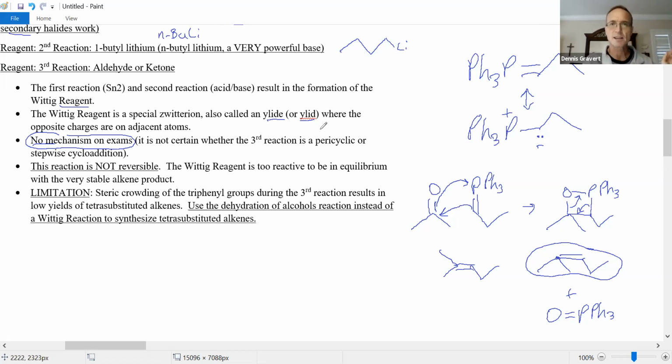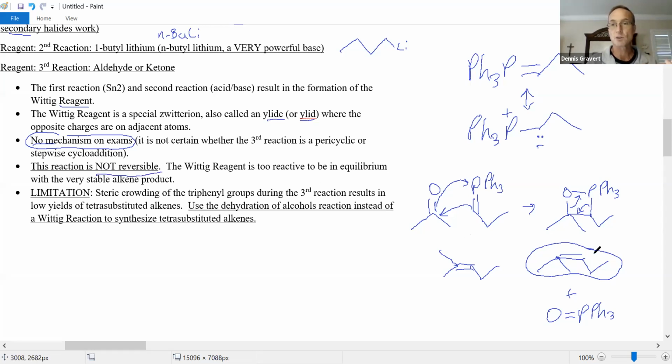All the previous aldehyde and ketone reactions, except for the Wolff-Kishner, were reversible, and we could hydrolyze them, add hydronium ion to get them to go backwards. Okay, that's not true for the Wittig reaction. It's not reversible.